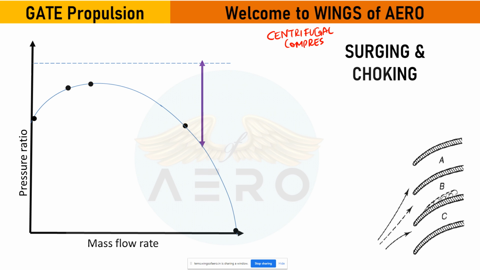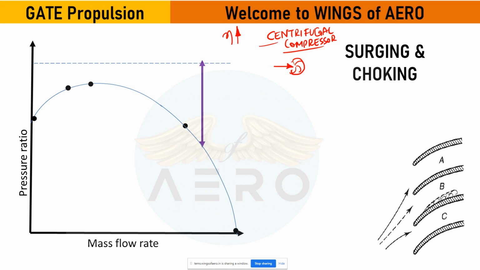To increase the overall efficiency of the engine, every component must be efficient, then only the overall efficiency will be improved. In the centrifugal compressor, we have the inlet, the air enters from there, then we have the blades over there.